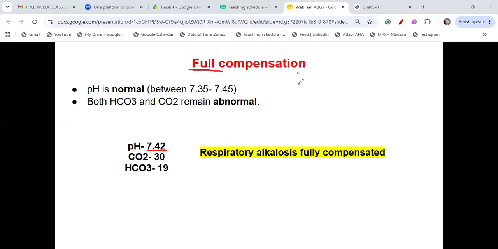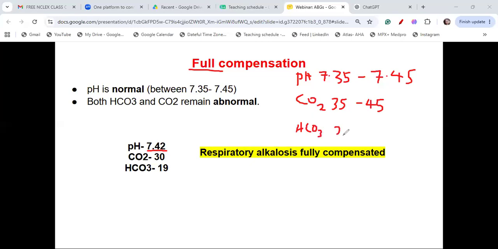Okay? So again, as usual, you must write these things down. 7.35 to 7.45. CO2, 35 to 45. Bicarbonates 22 to 26. And I said it doesn't end there.